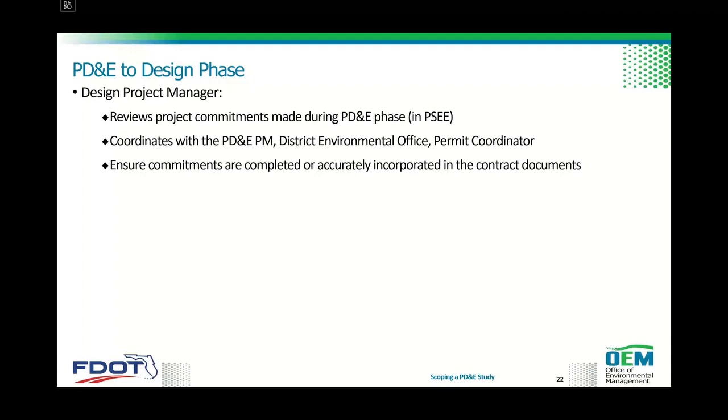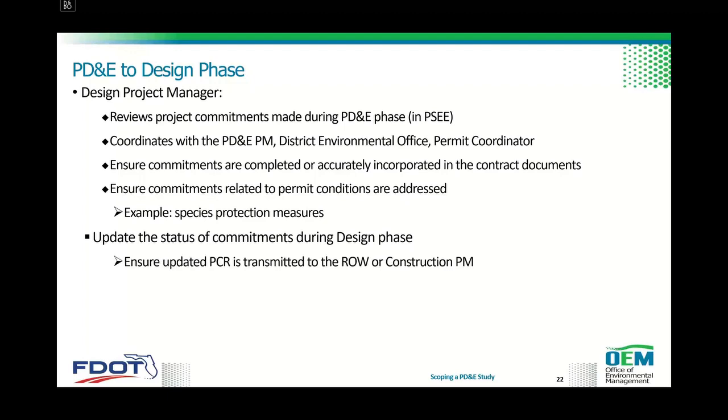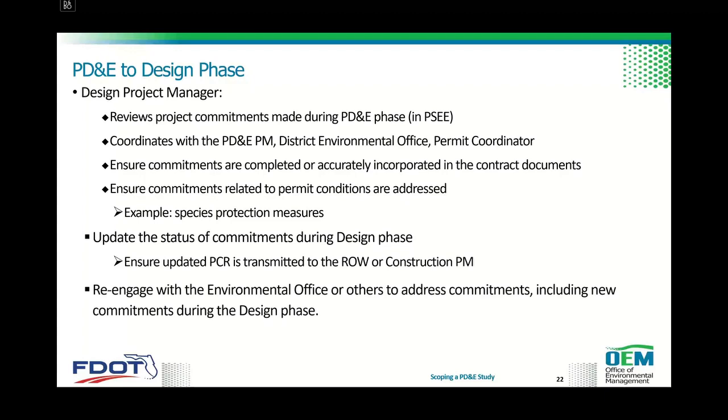Ensure commitments are completed or accurately incorporated into the contract documents. The PM will also ensure commitments related to permit conditions are addressed, for example, species protection measures. Also needs to update the status of commitments during the design phase. And for this, it needs to be ensured that the project commitment record is transmitted to the right-of-way or construction PM as applicable.